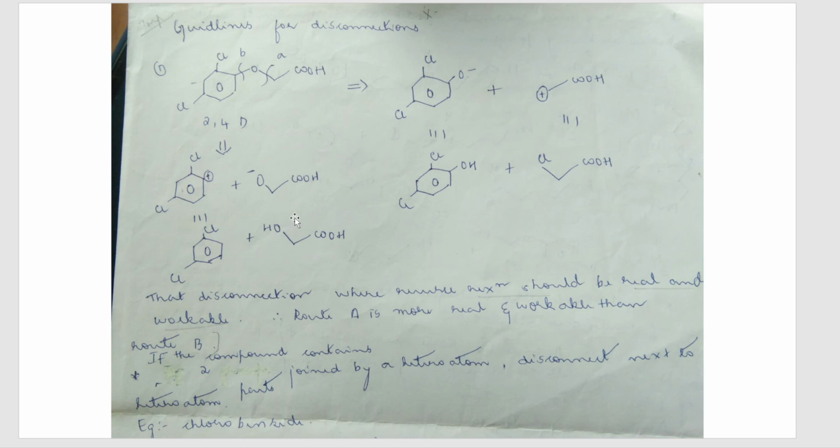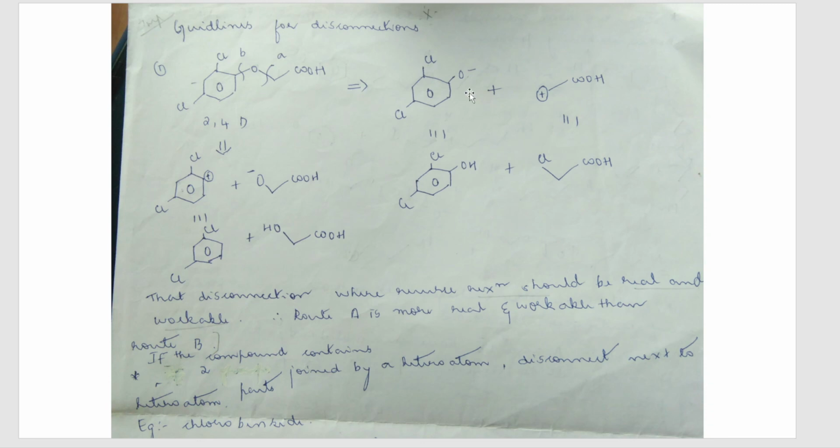So now tell me, these two routes are there. Which would you choose? Now you have a confusion about which route to go. Would I go with this disconnection or this disconnection? So you will refer to guideline number 1, which tells you that the disconnection is favored where the reverse reaction is real and workable.